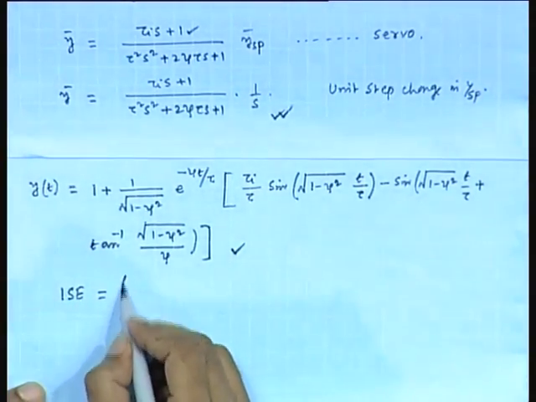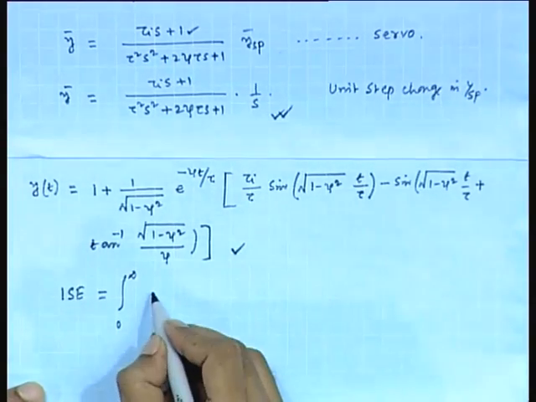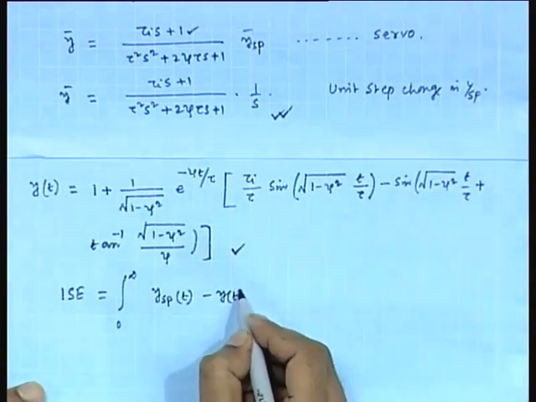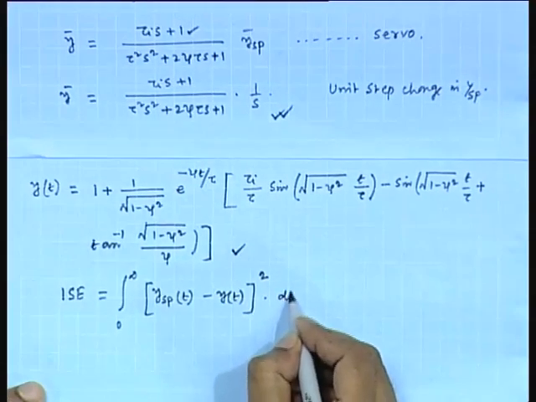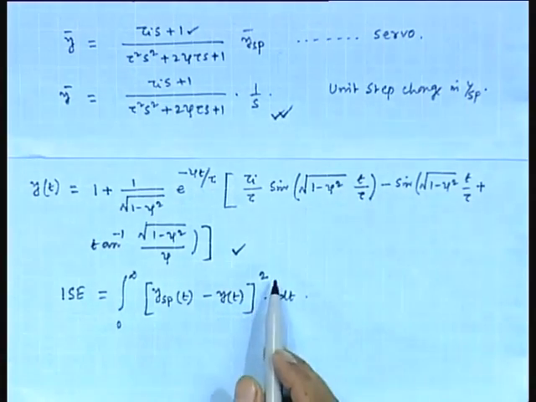So, ISE is equal to the integration from 0 to infinity of (y set point t minus y t) whole square dt.